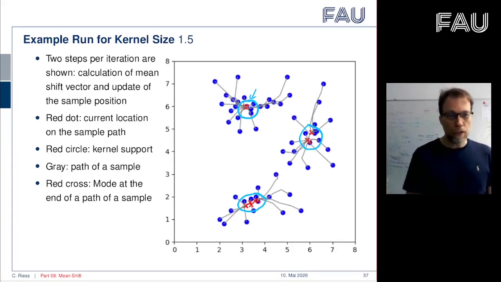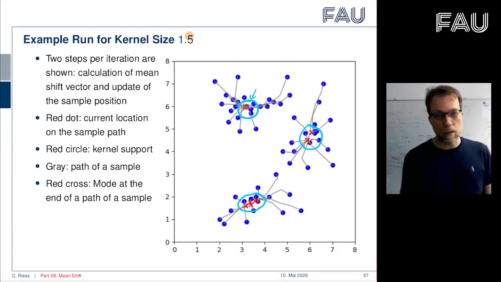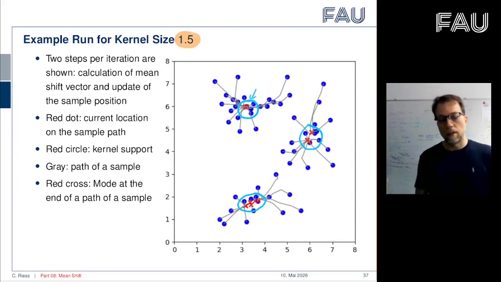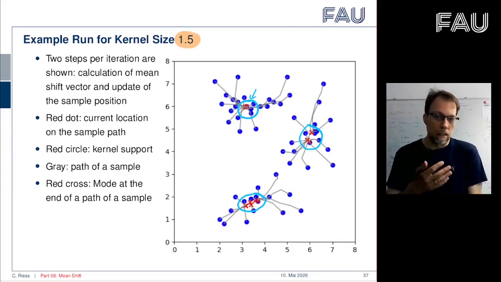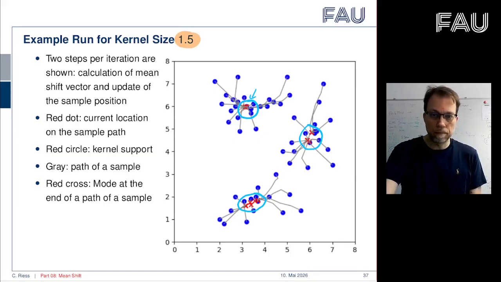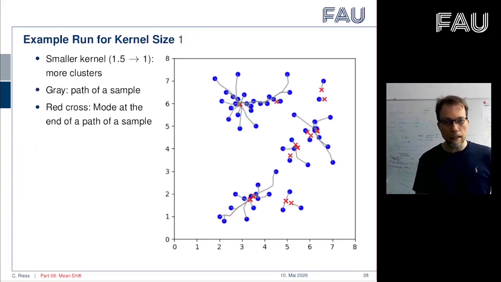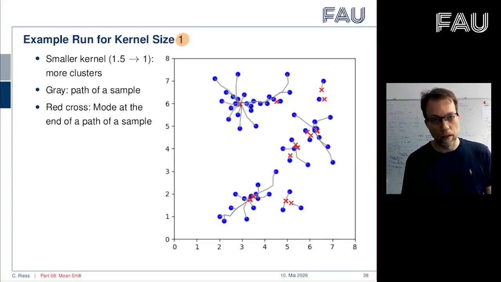And this, of course, changes with the kernel size. So let's have a look at an output for a kernel size of 1 first. This is the output for a kernel size of 1.